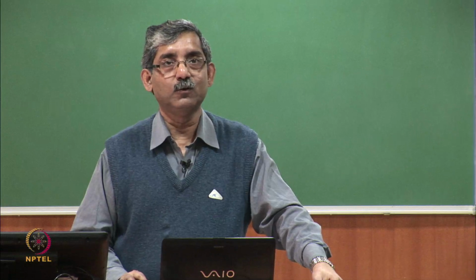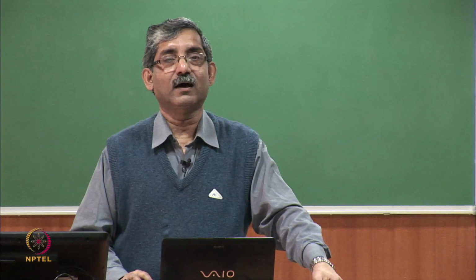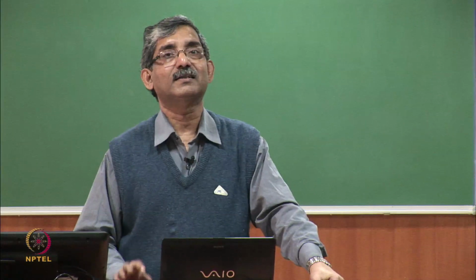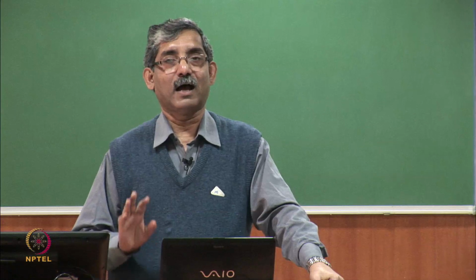In those applications we will use high strength, high modulus woven fabric, because in woven fabric the modulus is high, so it will not allow the structure to get deformed. Similarly, medium strength we will use for different applications, and low strength, high extensibility nonwoven geotextiles are used for separation and filtration applications. So, depending on the stress strain behavior we can select the application.